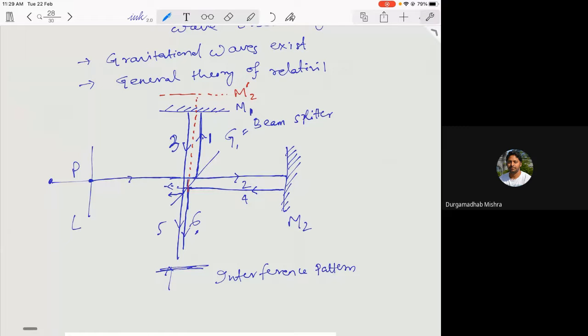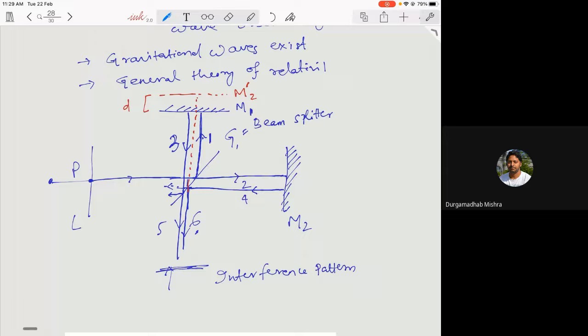So what would be the path difference? The path difference is nothing but the distance between these two mirrors, M1 and M2 prime, where M2 prime is a virtual representation of mirror M2.